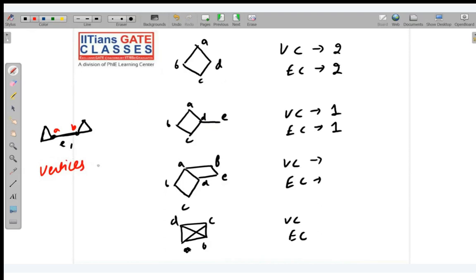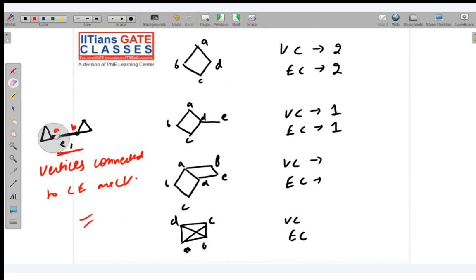If in the GATE exam they say which of the following is true or false, so if they give the statement vertices connected to cut edge are cut vertices, okay, so you just make a graph, and at the same time you will be able to guess, okay, this statement is 100% true.